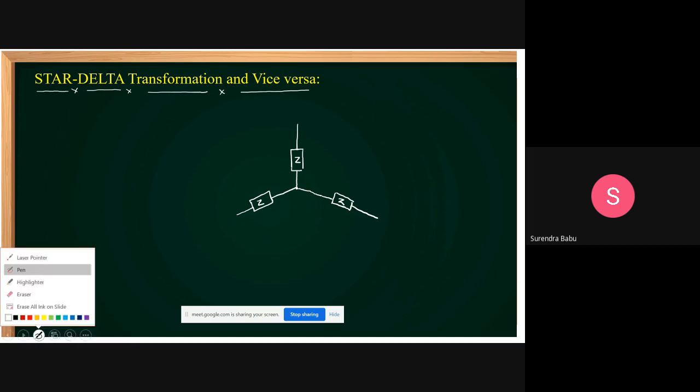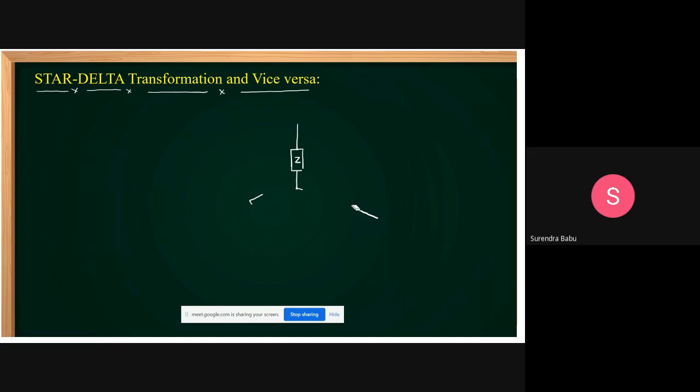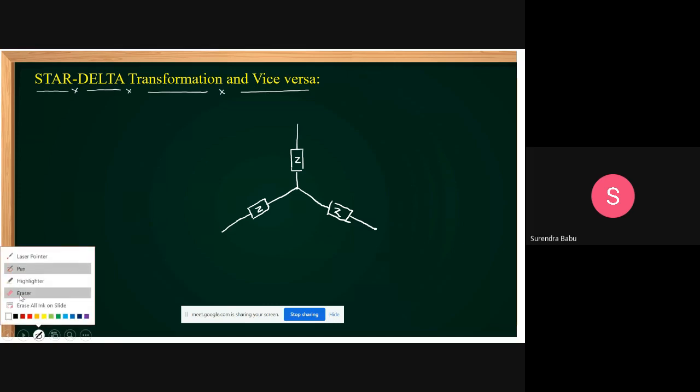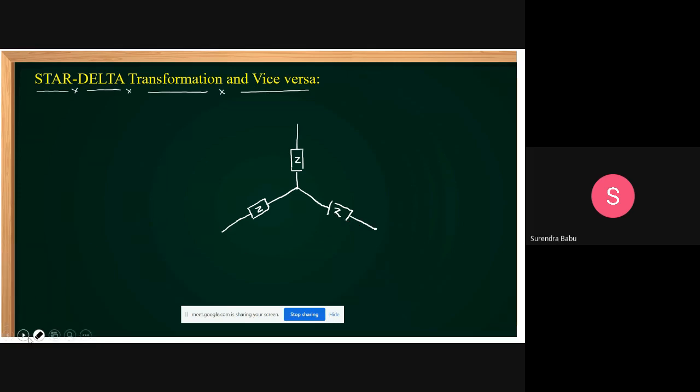One minute. This is star connection. Want to draw that clearly. This star network we want to transform as a delta. Star to delta and delta to star conversion, that I want to explain. Yes.